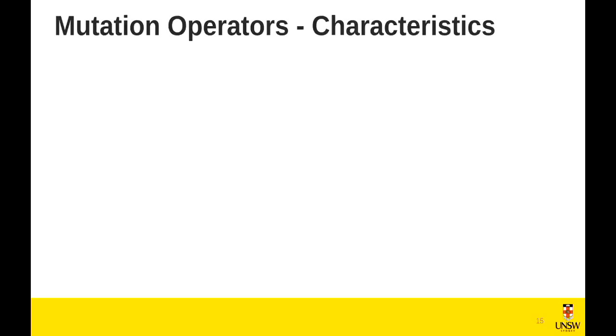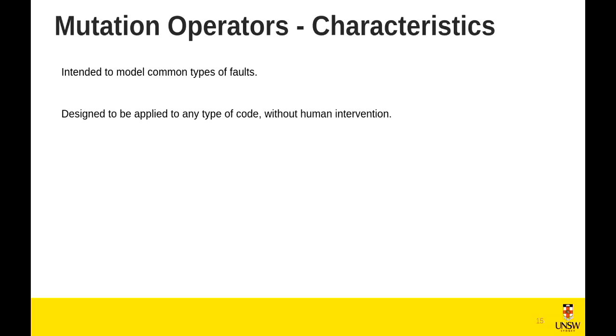There are some key characteristics of mutation operators. First, these mutation operators are intended to model common types of errors or faults. Second, they are normally designed to be applicable to any type of code automatically.